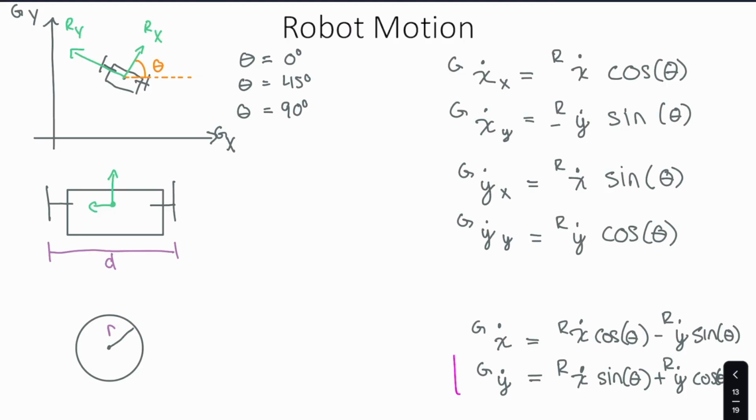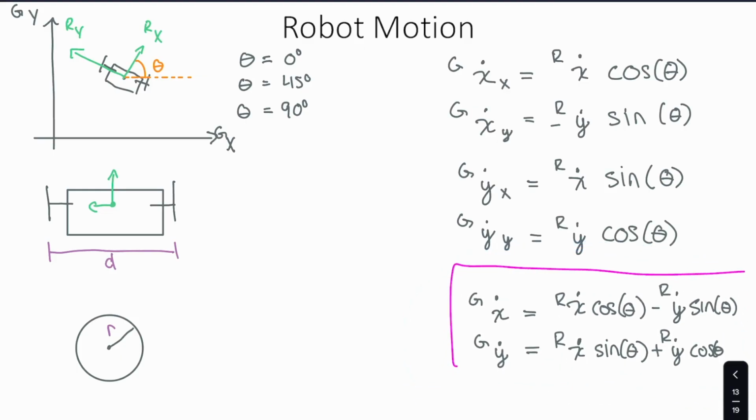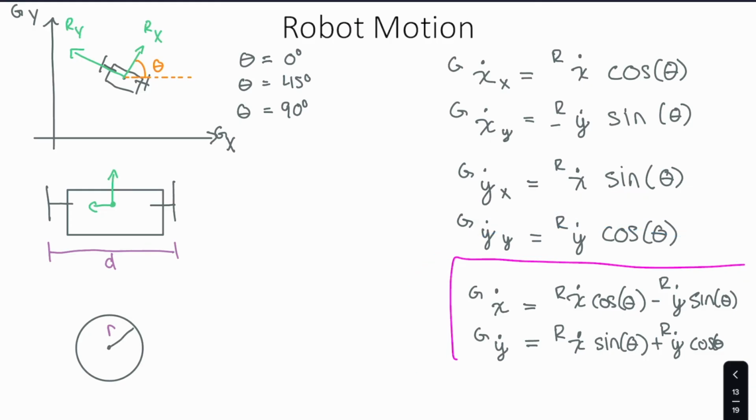And these are two important equations that we'll need to remember for the rest of this chapter and in future chapters. But our robot doesn't just move along in these two directions, or along its local directions. It also rotates. So we need to have a final equation here for theta dot in the global frame.